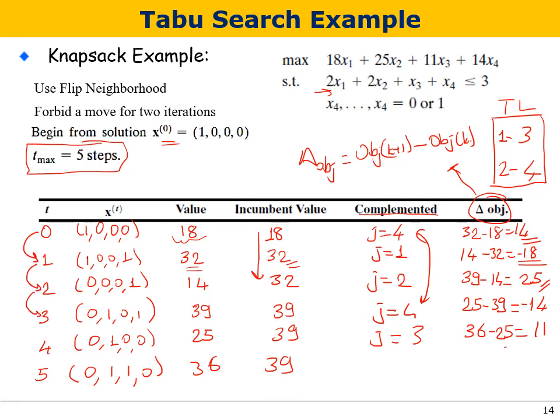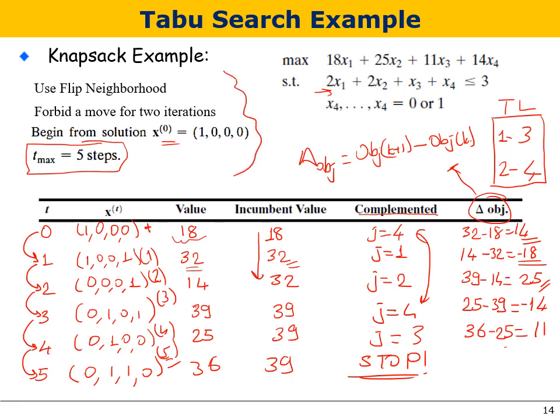Second, third, fourth, and fifth. If you make one more step, it will be the 6th step. So from this initial solution here, we find our first solution, second, third, fourth, and fifth. So when you find your 5th solution, you stop. Tmax 5 steps means finding the 5th solution after your initial solution. So the Tabu search algorithm stops here, of course, with these parameter settings.